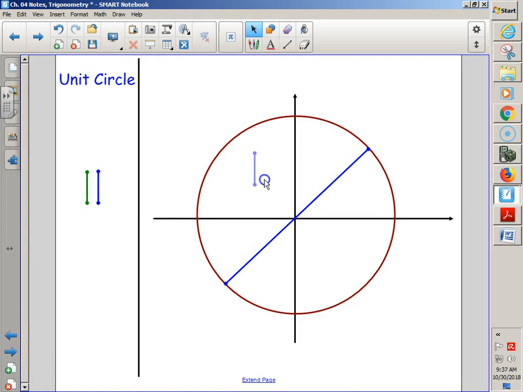He'd be half of 90. So if we're trying to use folds to do this, how could you get 45 degrees very precisely with a fold? Couldn't you fold this guy back into your 90 degrees?